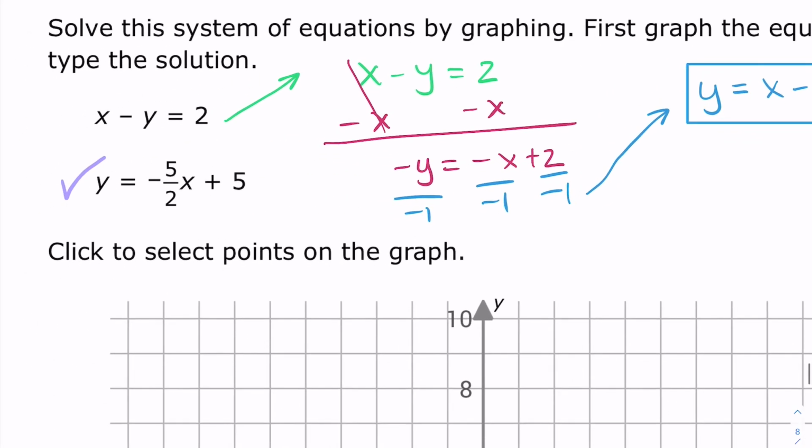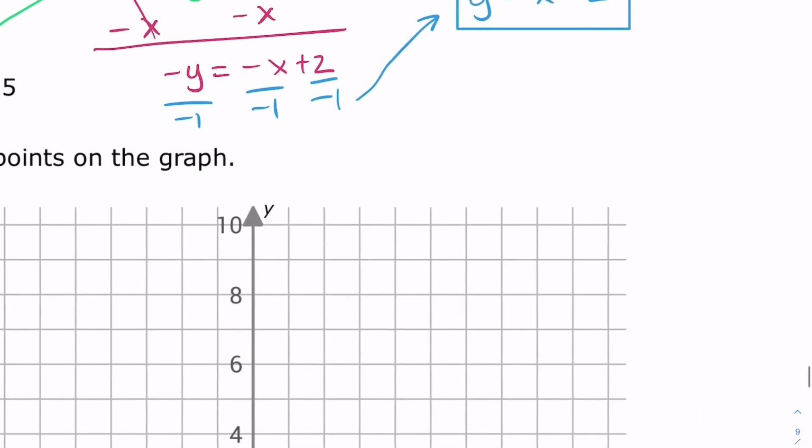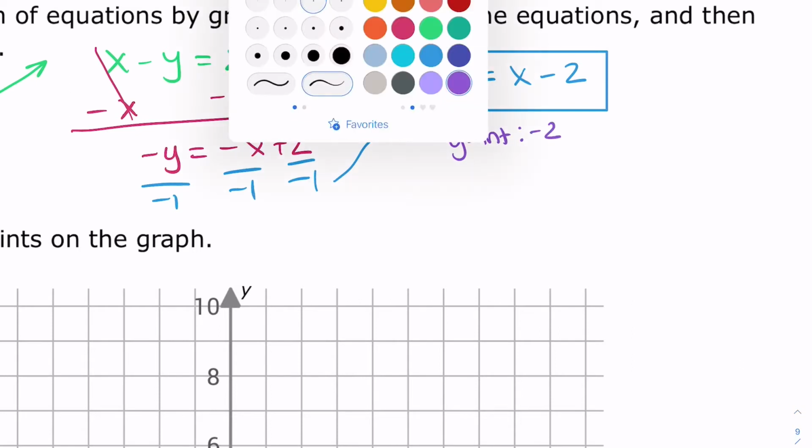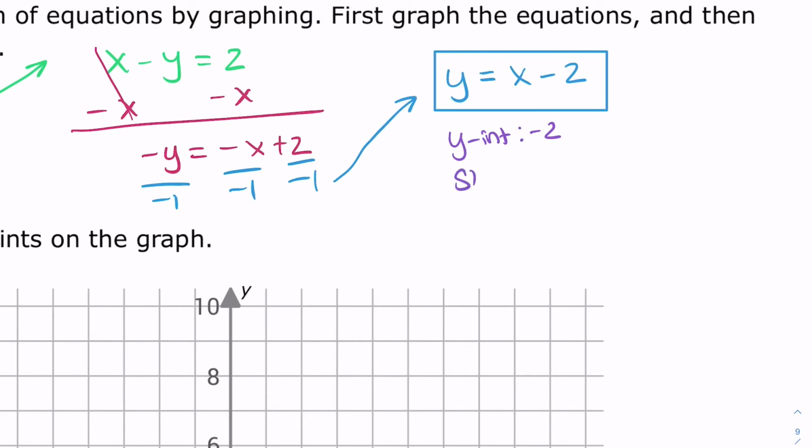Okay. So in blue, I'm going to be graphing y equals x minus 2. So in this case, we have the y-intercept is 2. I'm sorry, -2. And the slope is 1.